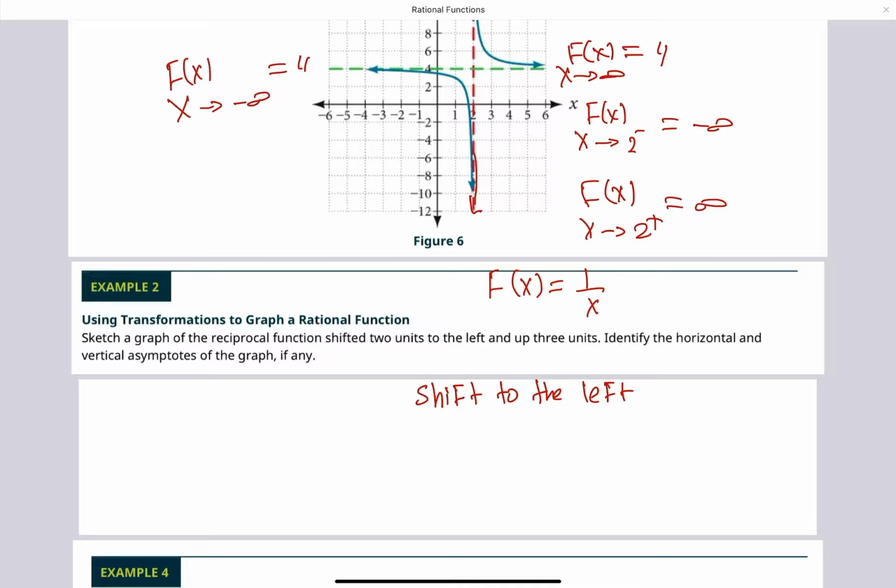So if you don't write this down, you're just going to have to see it later. So I do suggest you take notes as well, even if it doesn't have to do anything with rational functions. Shift to the left means we're adding to the x value. So let me give you an example. Let's say shift to the left, let's say 3 units.